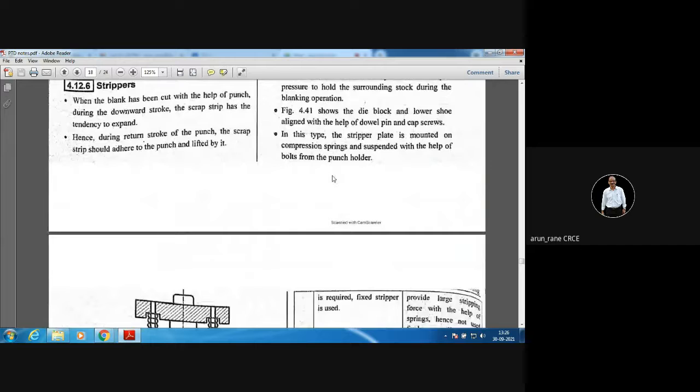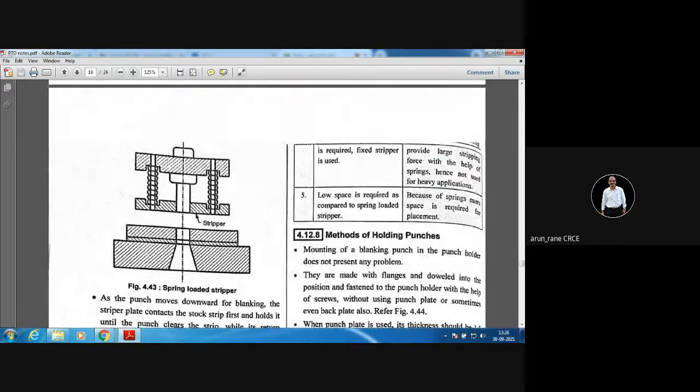Now, what happens in the spring-loaded stripper? The spring-loaded stripper is like this. The advantage of the spring-loaded stripper is that it provides the entire area. So, this is your strip or stock. The entire area of the stripper is used to hold the strip, so it gives you a better grip.